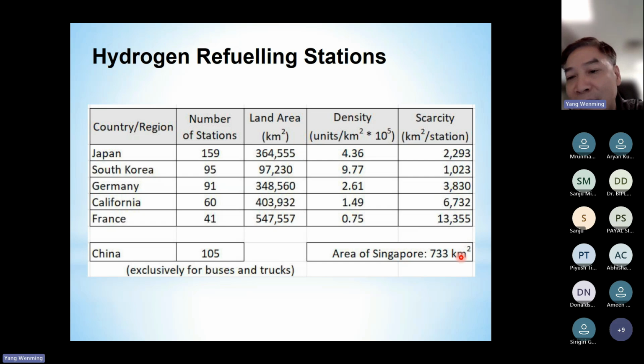Singapore's land area is only 733 square kilometers. Comparing this one and this one, you can see for the whole of Singapore there is only one charging station. So you can see how scarce these charging stations are. It's very inconvenient for customers to recharge the hydrogen tank.